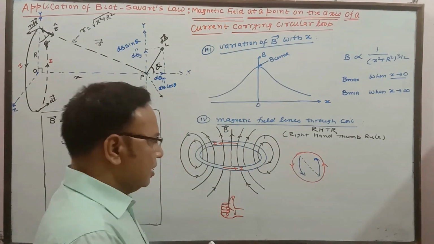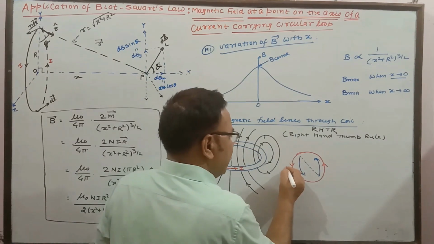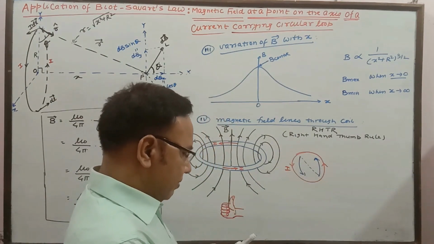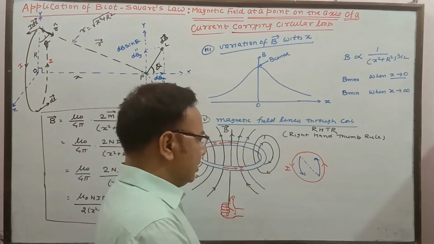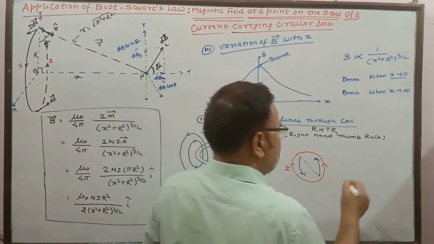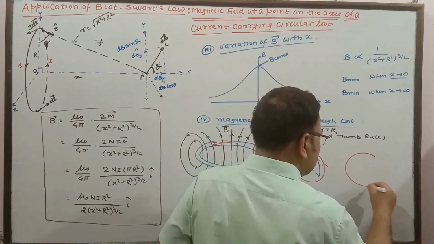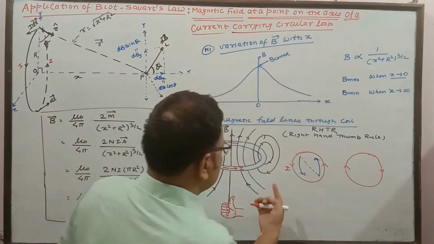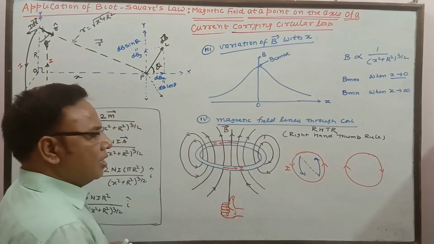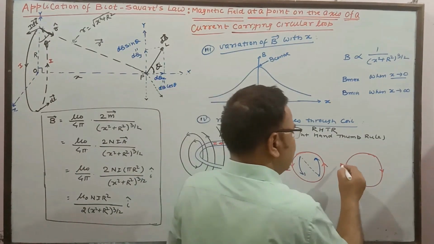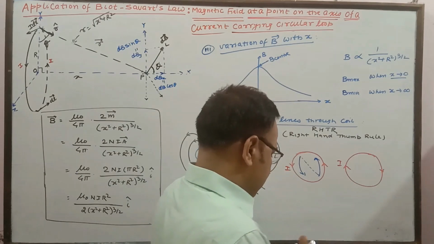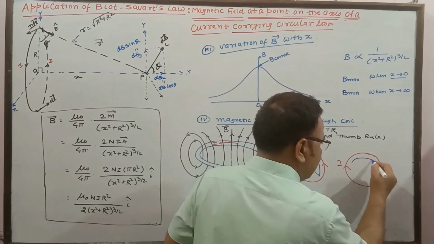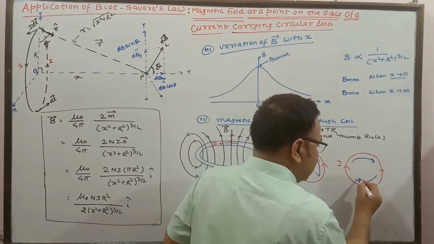Just to remember and keep in mind for the exam: whenever anti-clockwise current is there, it is behaving like north pole. And in the same way, if you see the clockwise direction from the lower side, then the same thing can be treated as south pole. Suppose this is the clockwise direction, the current is somewhat like this, right?